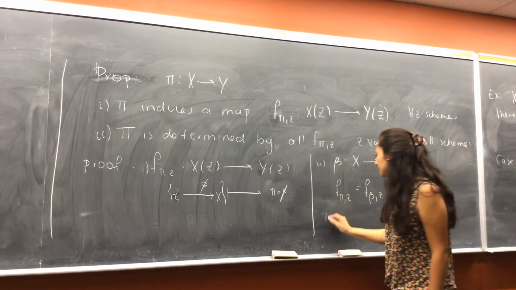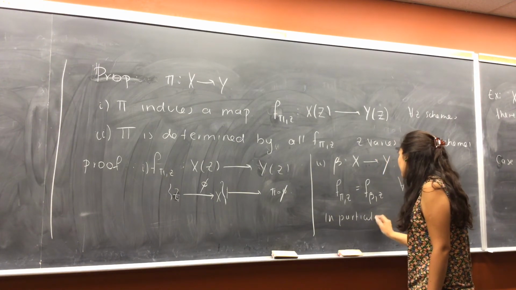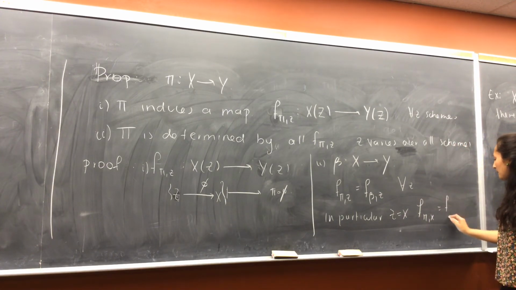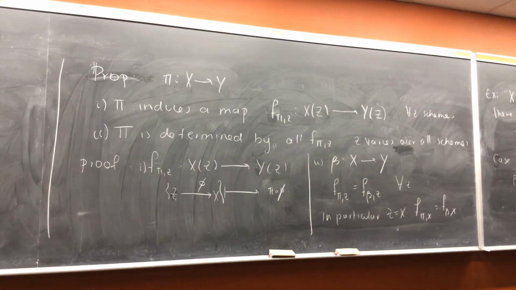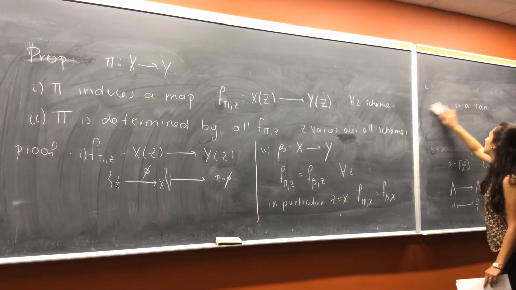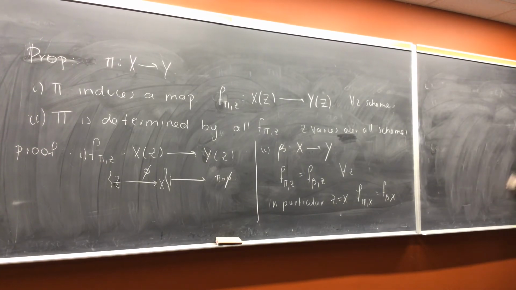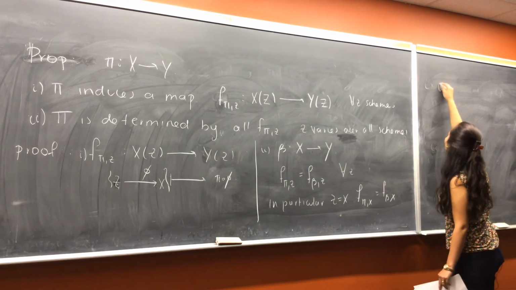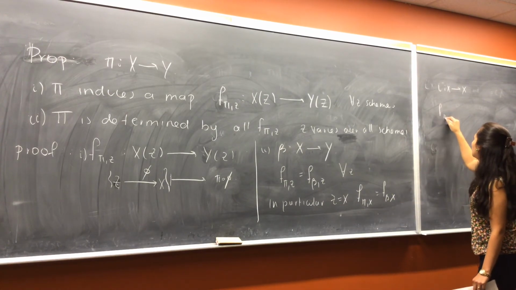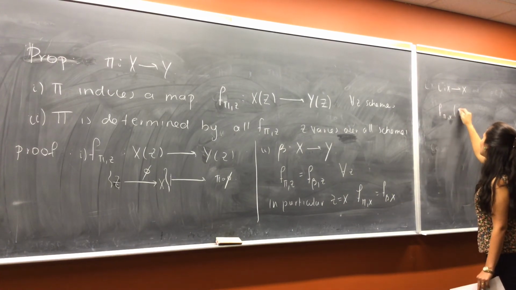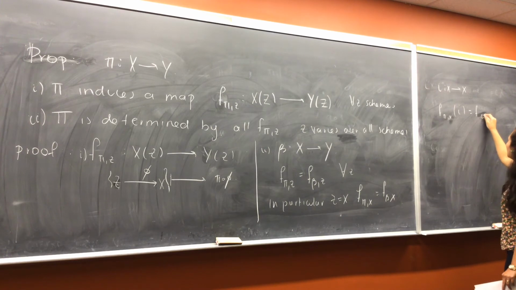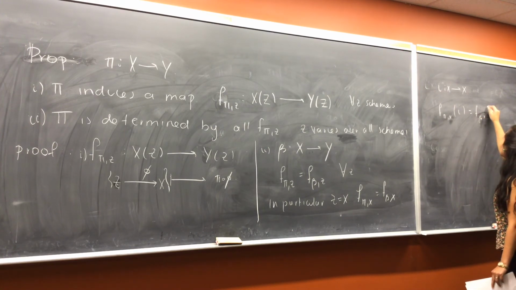Then in particular, when S is X, these two maps are equal. So more particularly, if we evaluate that map on the usual identity morphism from X to X, then pi_X of the identity would be the same as beta_X of the identity.